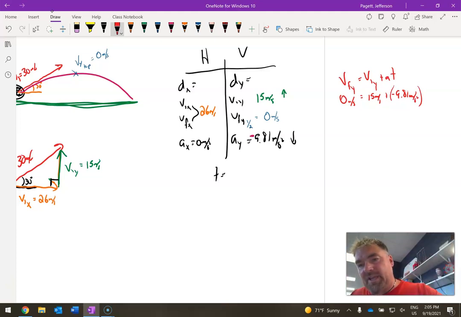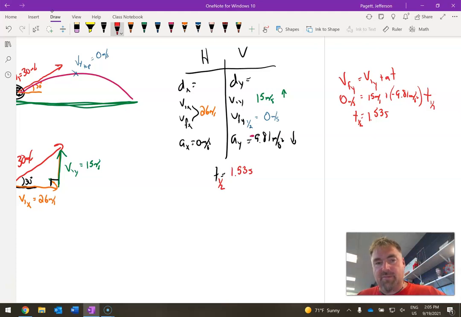Otherwise, my time is going to be negative, and that would be bad. You don't want to go back in time when you kick a soccer ball. So when we do that, we find out that the time is 1.53 seconds. Now, this is the time it takes to get to the halfway point. So this is T half. And so T half is 1.53 seconds.